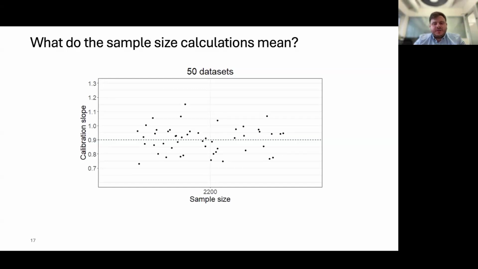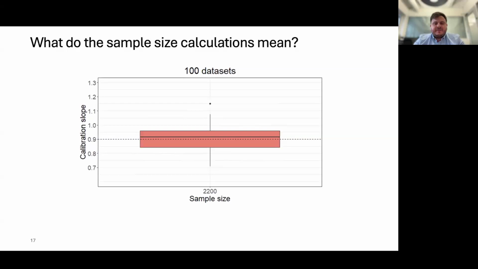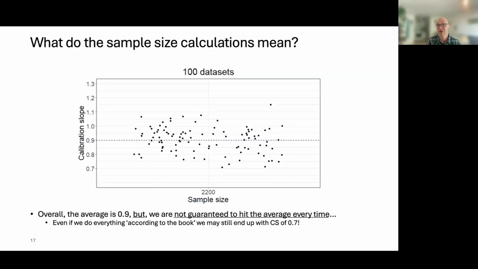As you increase the sample size here, you can see that the average is about 0.9, and most likely you'll be around the average, but still, it's a sample. Because of sampling variability, you may have a sample that was not as representative of the population as you would have hoped, and that happens with any sample.